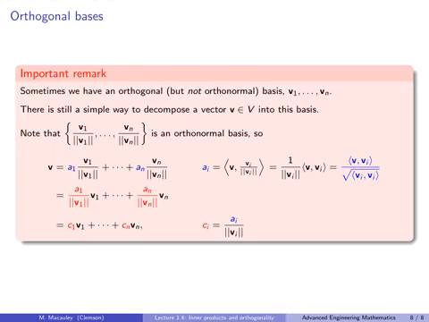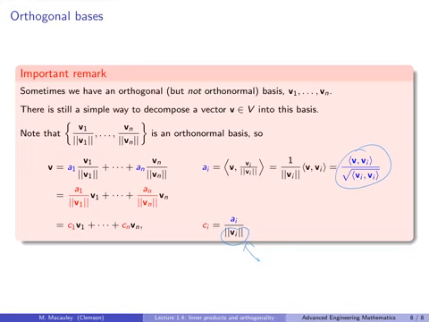Remember, we started with an orthogonal basis, and we said, given an arbitrary vector, let's decompose that into that basis. In other words, write it as a linear combination of the basis vectors and come up with a formula for the ci's. And here's that formula. Now ai is right up here, and norm vi, recall what that is.